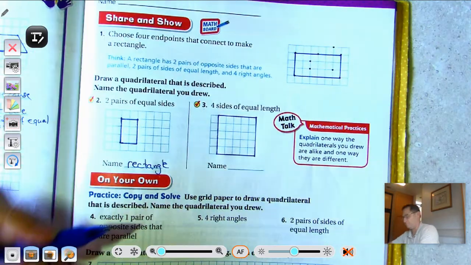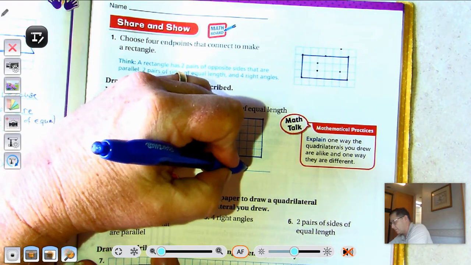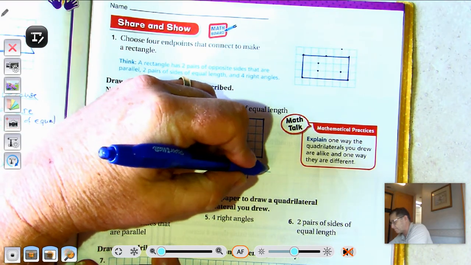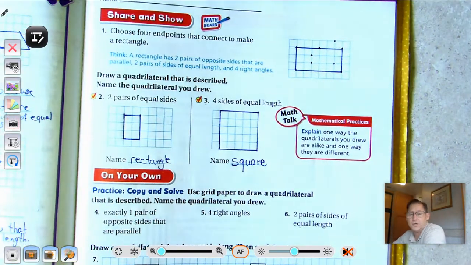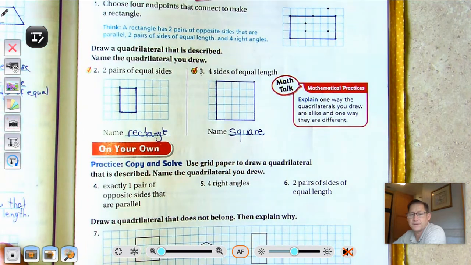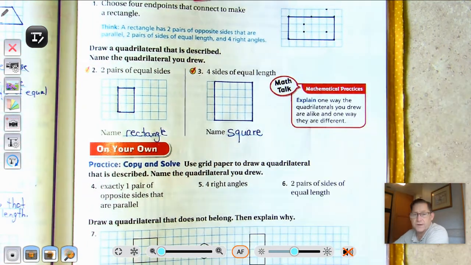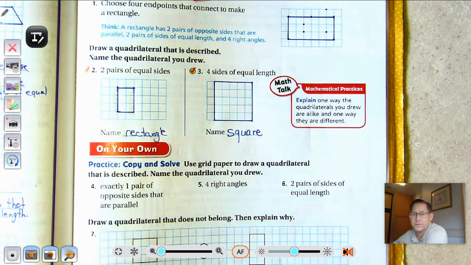Okay. What did I draw? Square. You could have chosen to draw a rhombus. Okay. Well, this is a rhombus, right? But also a rhombus is a shape that has 4 equal sides but doesn't have any right angles. Okay. So that's the difference between a square and something that is just a rhombus.